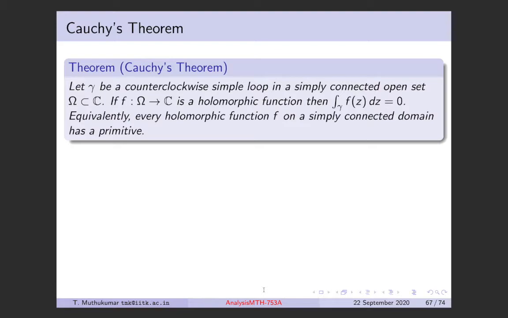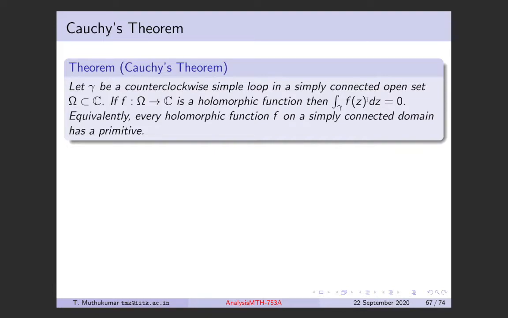Okay. So what is Cauchy's theorem? Cauchy's theorem tells you that for any holomorphic function f in omega, its integral over a counterclockwise simple loop in a simply connected set omega is 0.